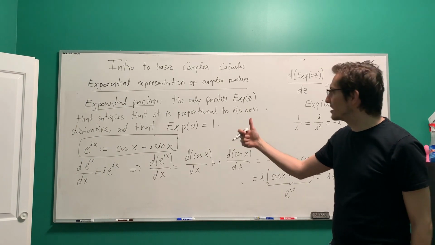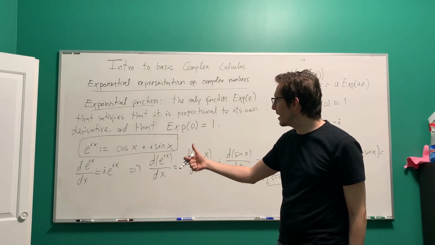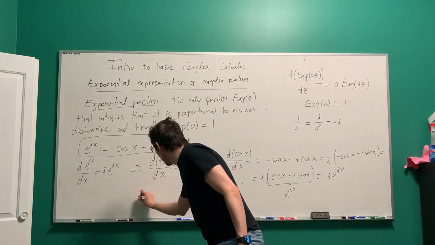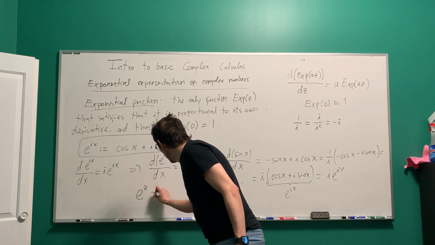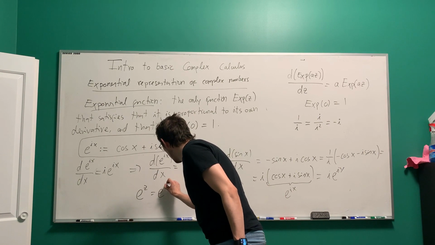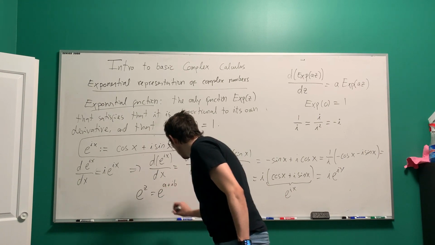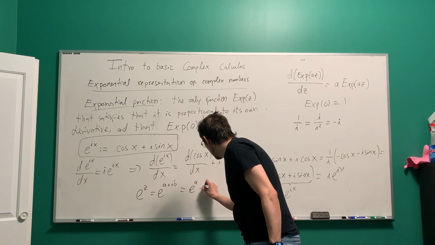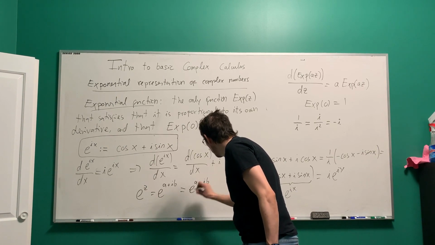Now, because we know exponential functions of real numbers and we know exponential functions of imaginary numbers, we can do the exponential function of a complex number, which is the exponential of a plus ib. We can do this as the exponential of a times the exponential of ib.